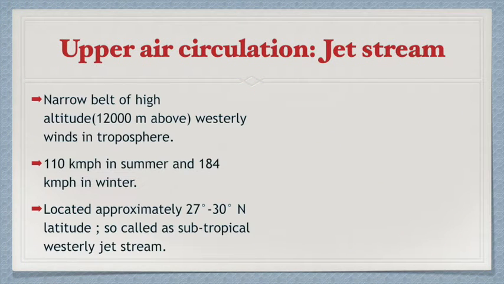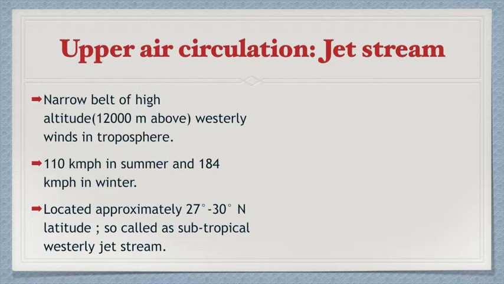Then upper air circulation. Upper air circulation is called jet stream. It usually happens above 12,000 meter altitude. These are westerly winds that happen in the troposphere layer. Its speed is 110 km per hour in summer and 184 km per hour in winter.